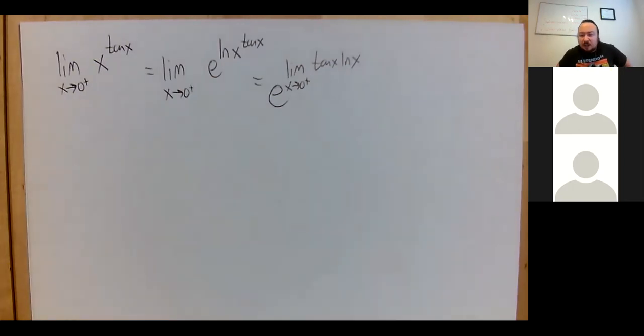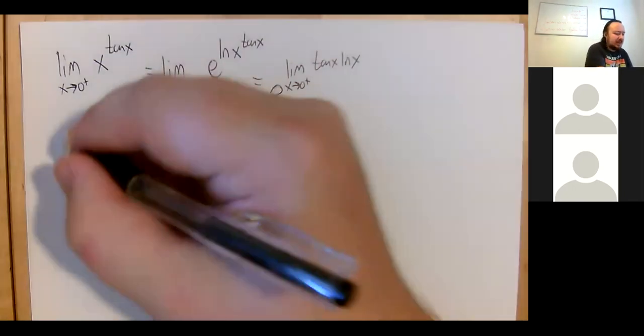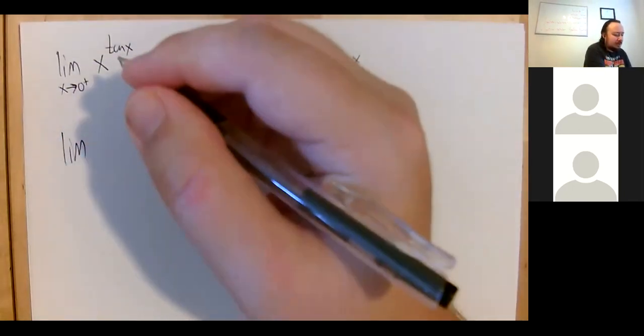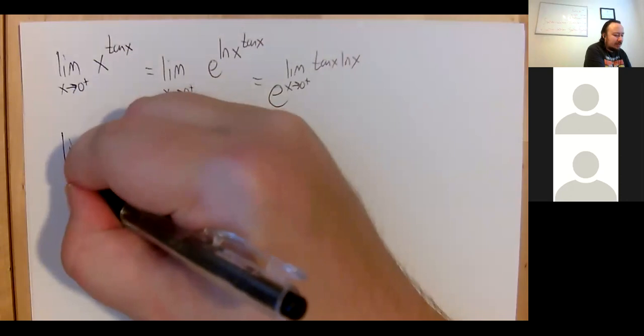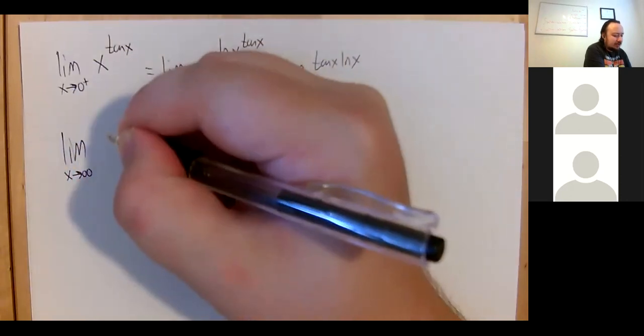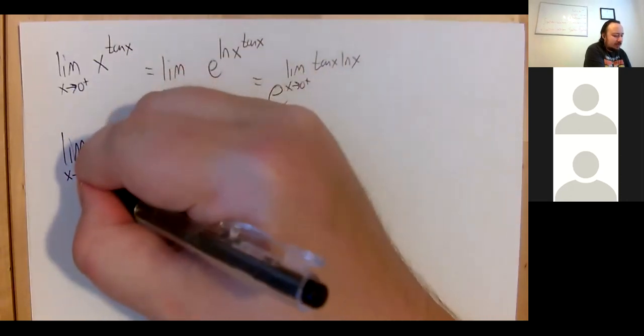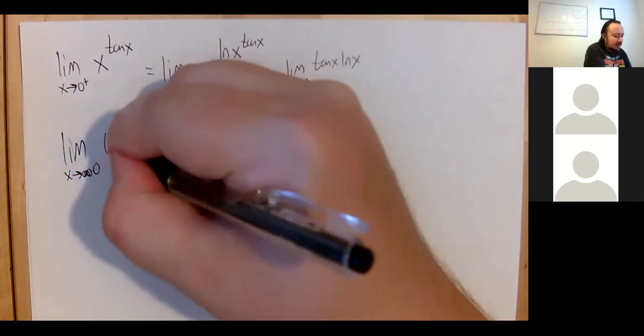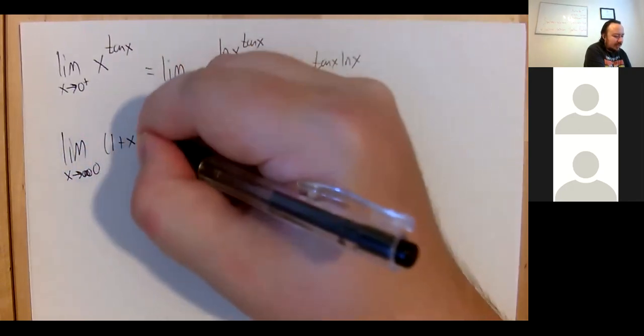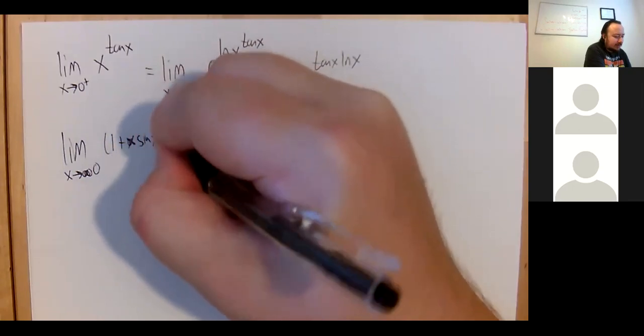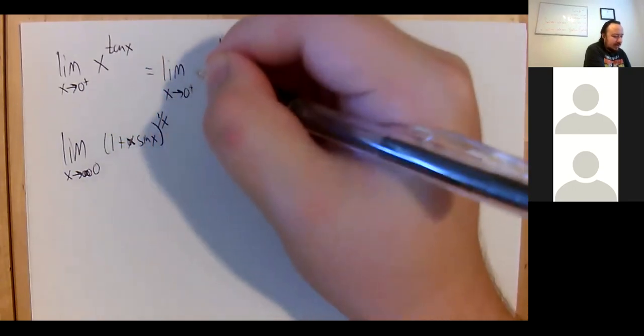Let's see. I meant you because you said it's a form of the definition of e with multiple variables raised, so I was wondering if it would work with any other variable, or should we not worry about that? Oh, so you're asking me if I maybe gave you a problem like the limit as x goes to 0 of 1 plus sine of x to the 1 over x.